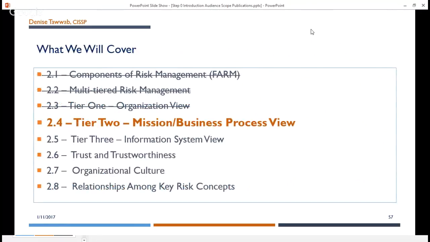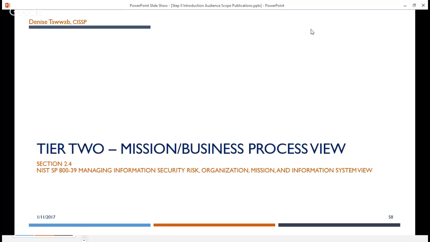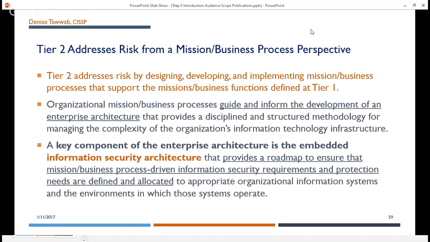All right, next up, we're going to talk about Tier 2, the mission business process view. It addresses risk from a mission business process perspective. Tier 2 addresses risk by designing, developing, and implementing business processes that support the business functions defined at Tier 1.